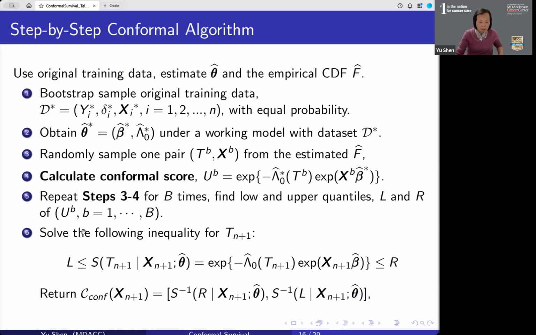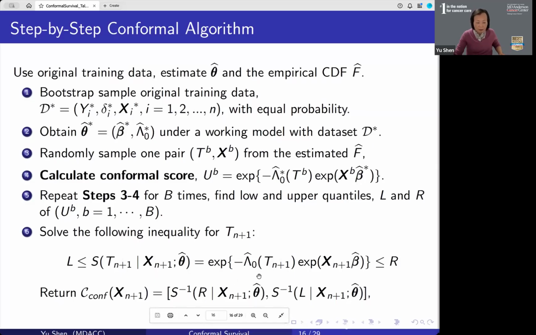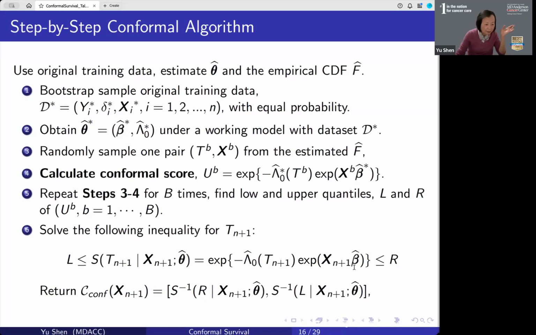The beauty of using survival probability to define the conformal score is that it is a monotone function, and we can just invert this function and solve for the predicted T from that. So even computation-wise, it's very straightforward. I know that's a lot of things, even though just the 5 or 6 steps looks not that complicated.